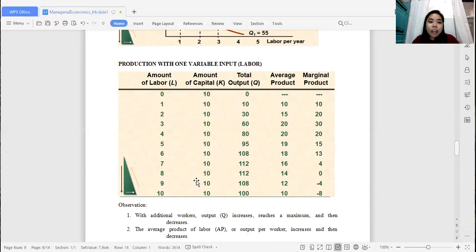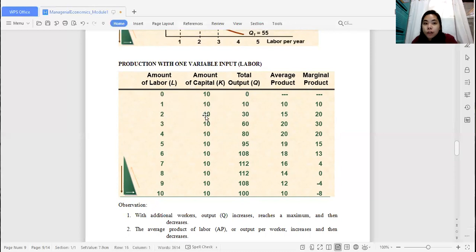So we have here the total output. I'll explain this. With 0 amount of labor and 10 units of capital, you can produce 0 output. If there is 1 unit of labor, with the same unit of capital, you can produce 10 units of output.